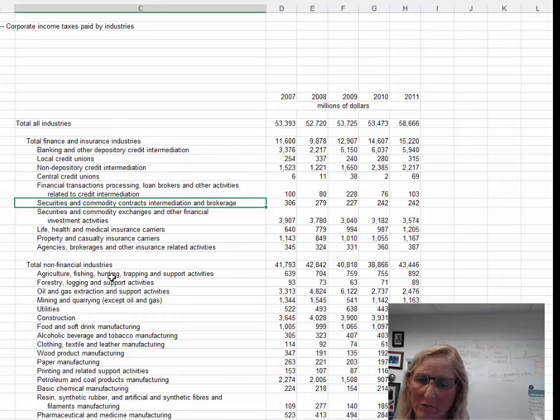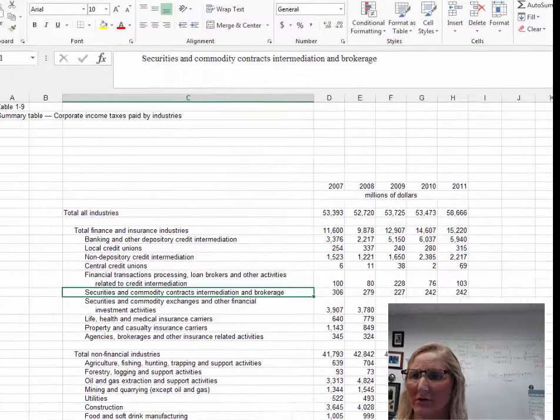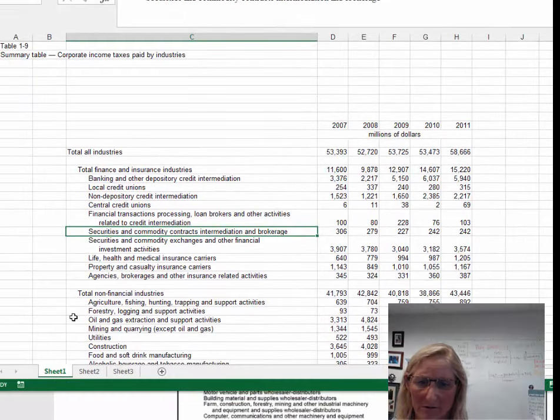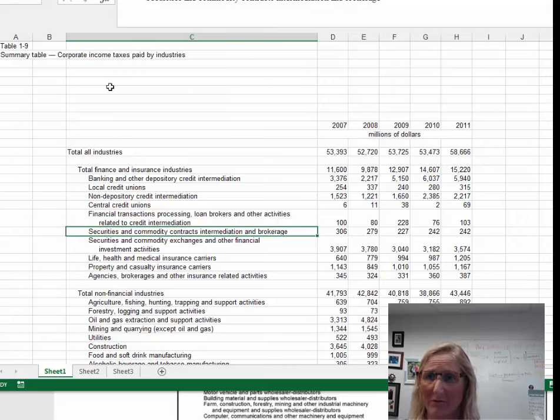Now the question I might ask is the number of industries, or the number of companies this incorporates, right? If the number of companies is increasing, or the revenue is increasing, well then this might take on a different look. So what I want to do is I want to save this.